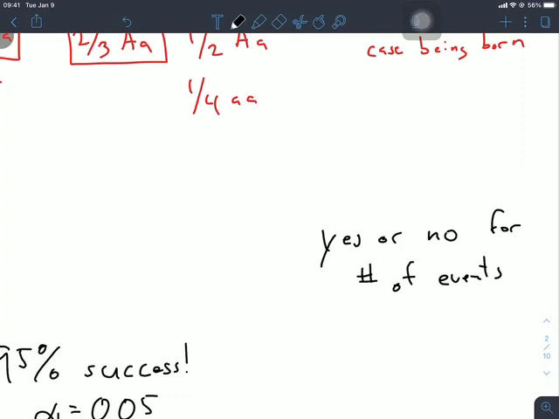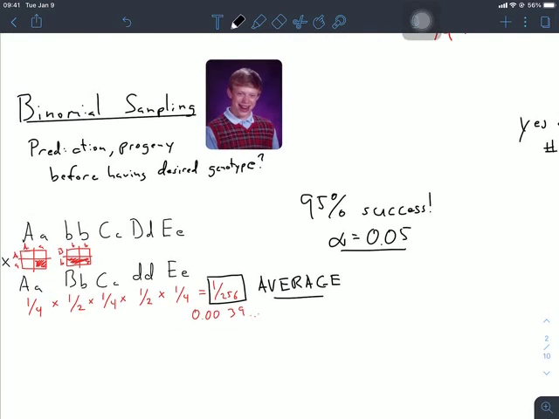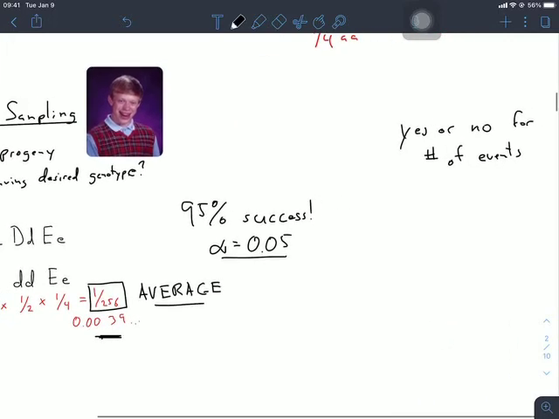In the case of our genetics situation, you're going to be asked for a success rate that differs based on the genetic problem given to you. The binomial distribution is frequently applied to situations of a coin flip, where you can ask how many times do you need to flip a coin.